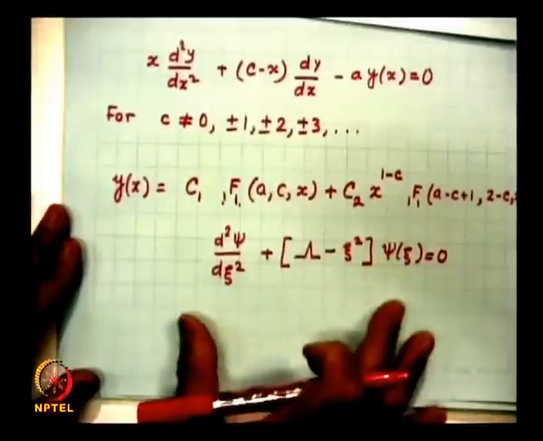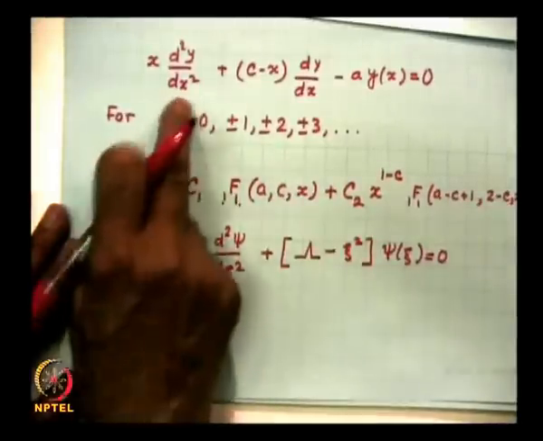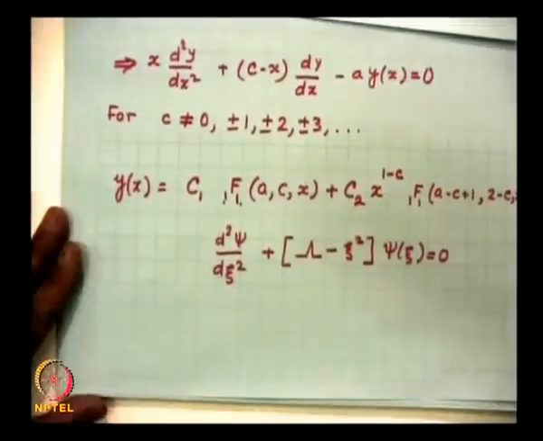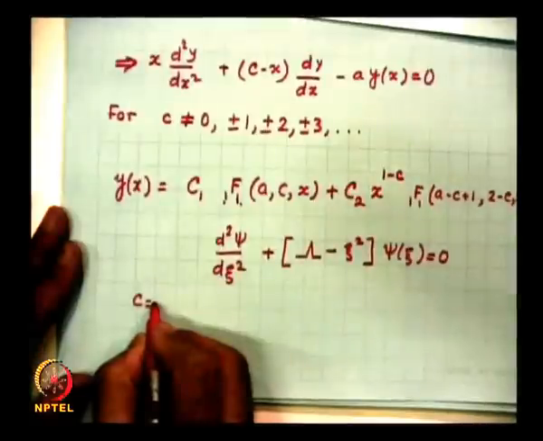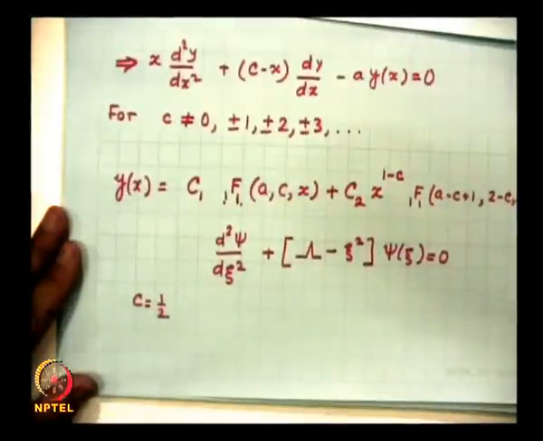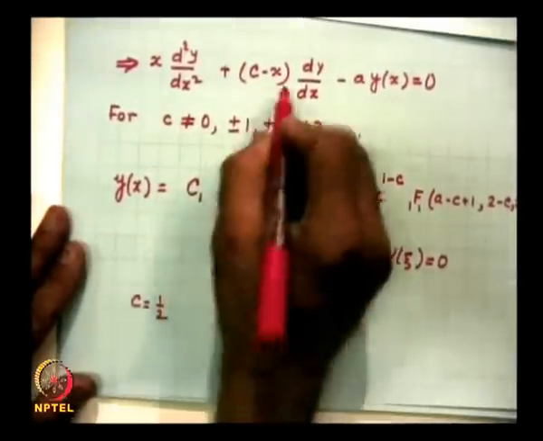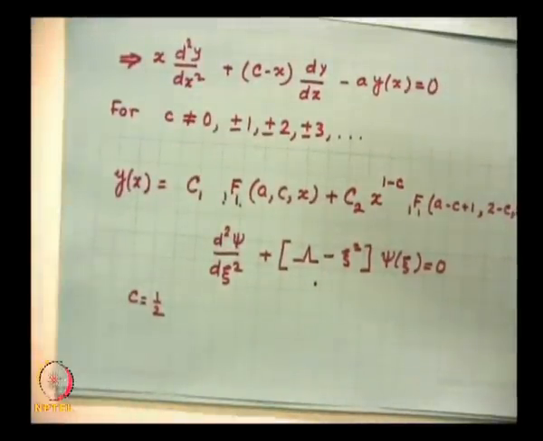We will transform this equation into a hypergeometric equation, and we will find that the value of small c becomes equal to half. We will transform this equation into a differential equation of this type and we will obtain the solutions for the linear harmonic oscillator problem.